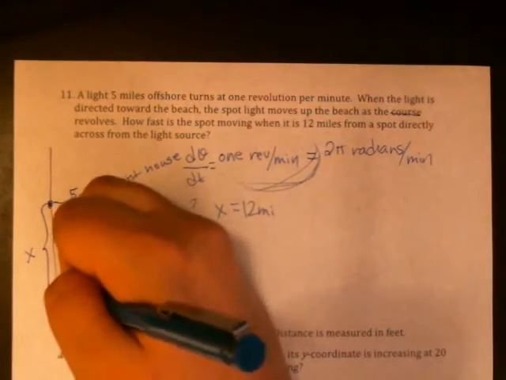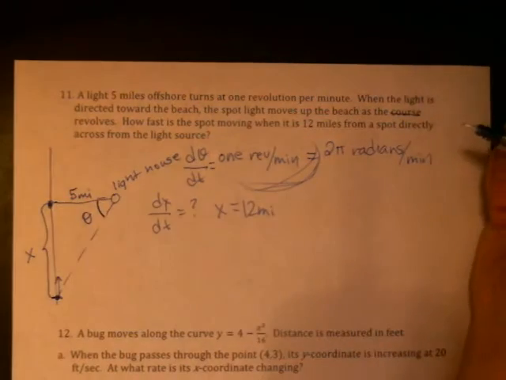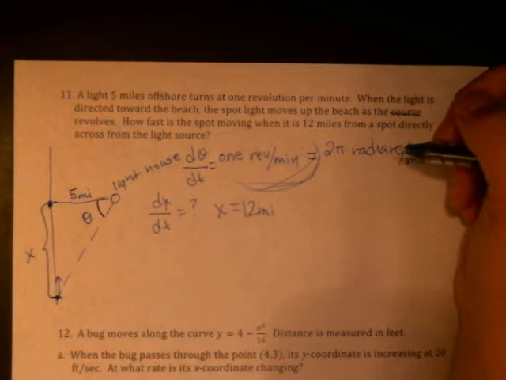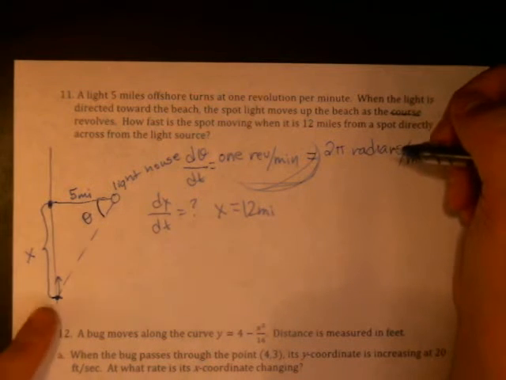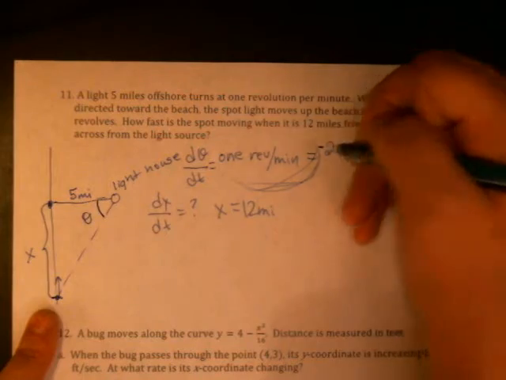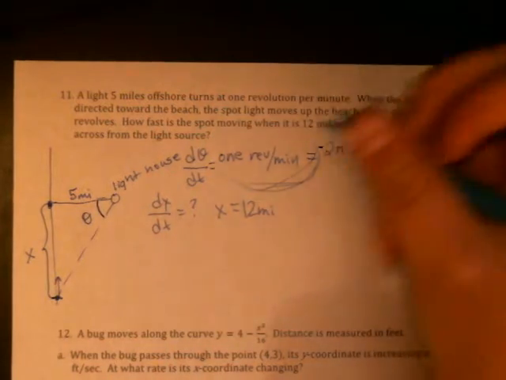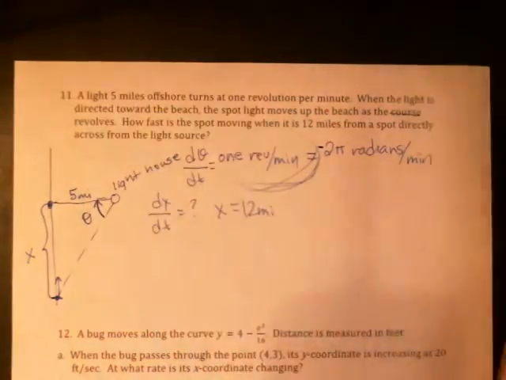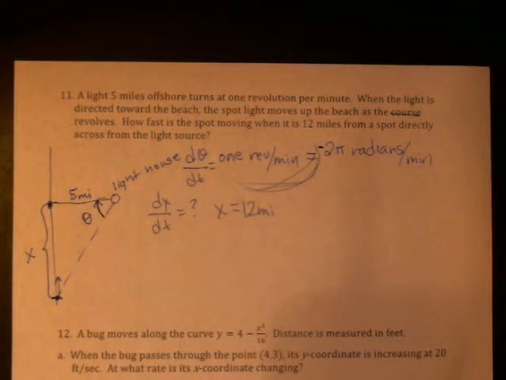If the spot is moving up the beach, which it could be moving either way, but that's how I was picturing it, then theta is decreasing, so it's negative. It doesn't matter if you flip-flop, it'll just change the sign. So we need a function that relates theta to x and to 5.